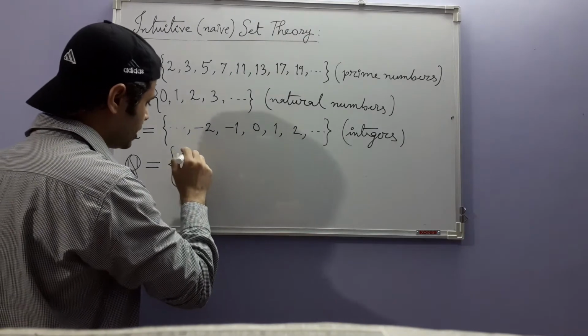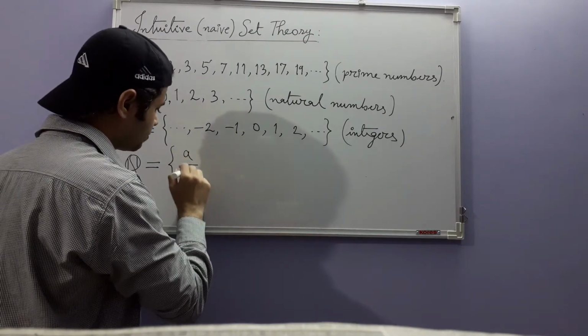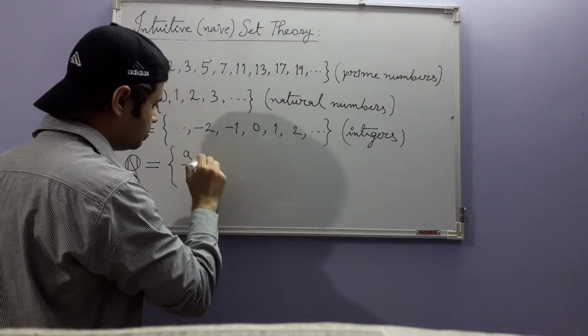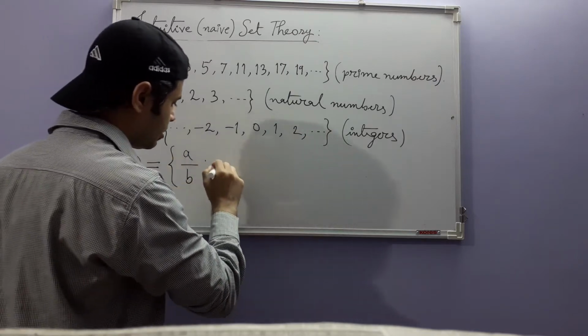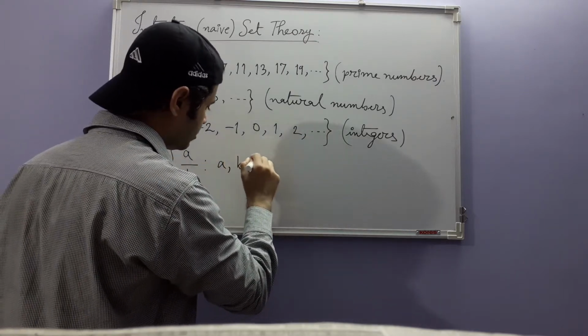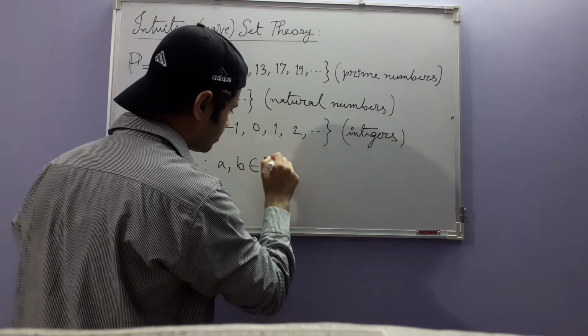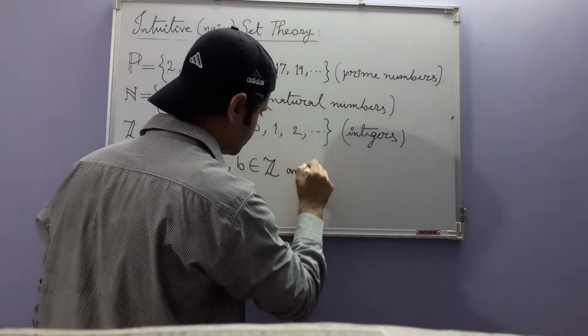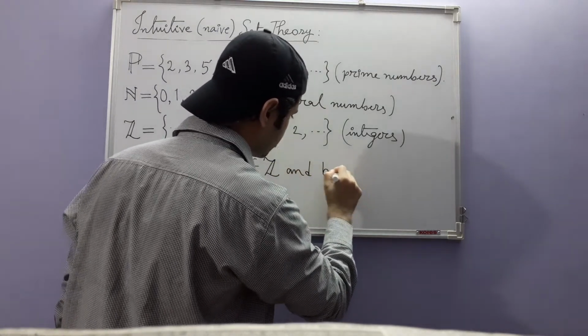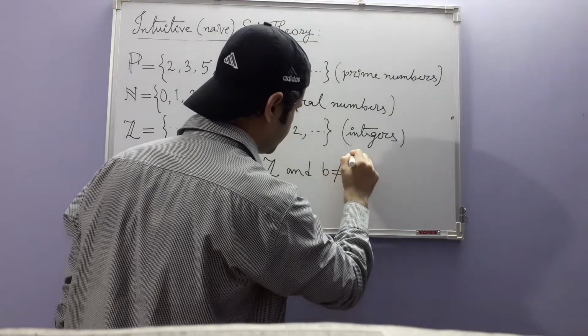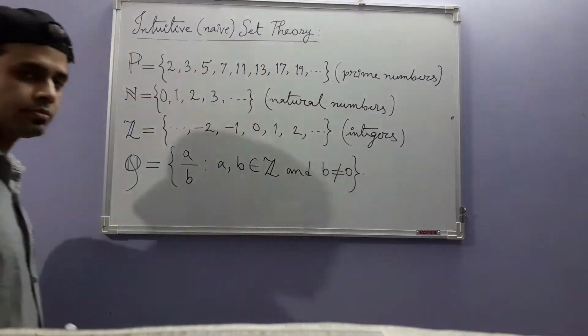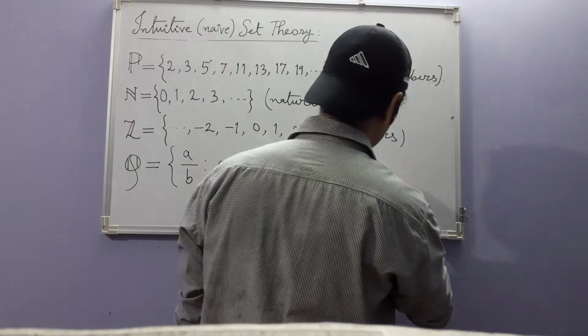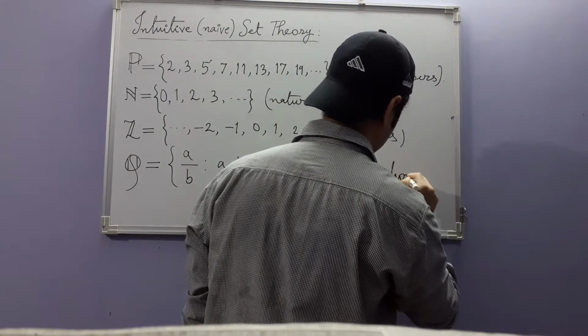And we know that these are numbers of the form A divided by B, such that A and B are integers, and this is very important, B is not equal to 0. So these are the rational numbers.